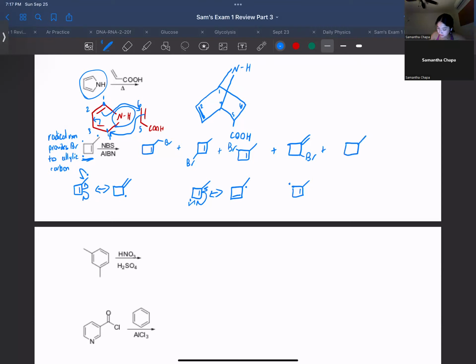See, it's a little tedious, but I'm sure they're not going to put something like this, with a lot of products. But I just put this here because this is something that you should know, the little tricks for these. And they're probably going to want you to resonate as well. So, draw my resonance structure.